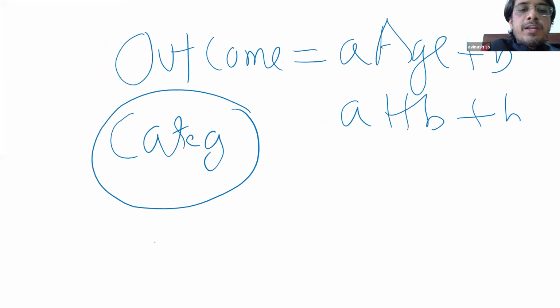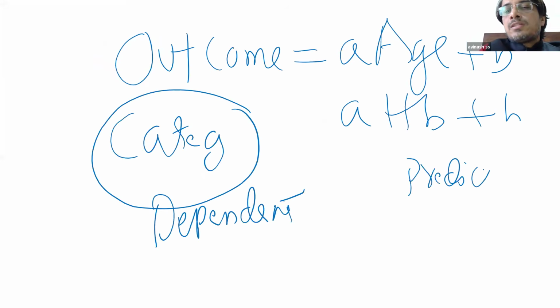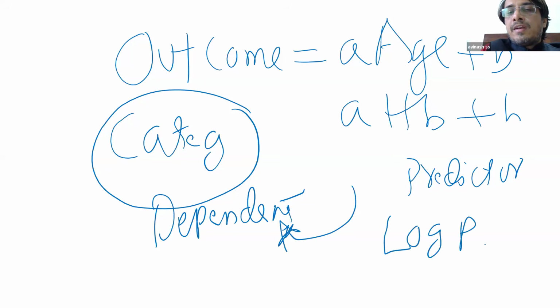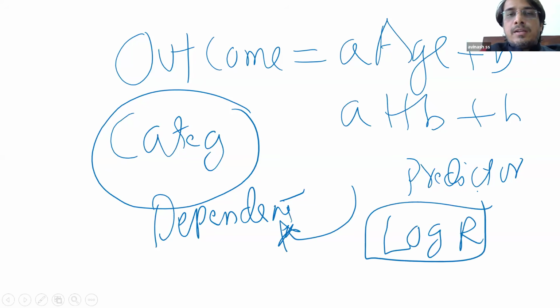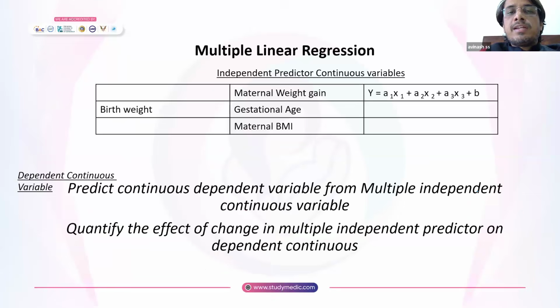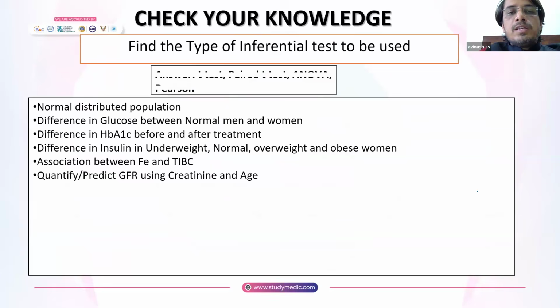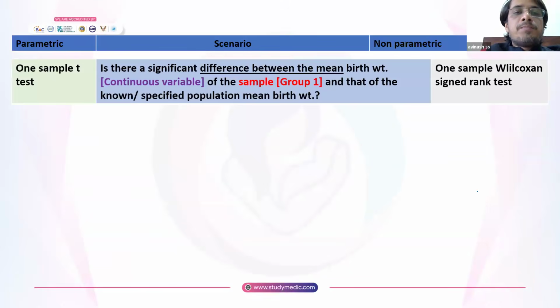If the dependent variable is categorical and you want to find out the effect of independent predictor variables on it, then we use logistic regression. So: simple linear regression, multiple linear regression, and logistic regression.